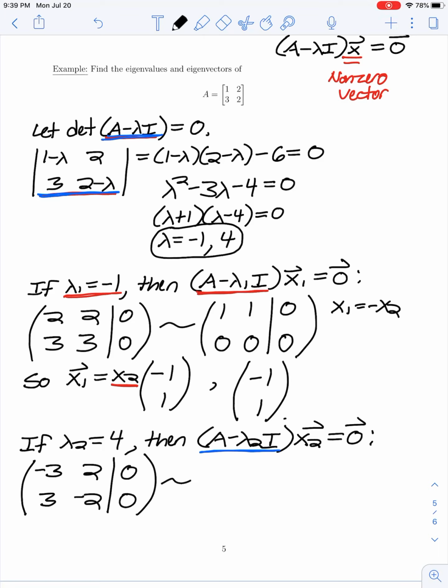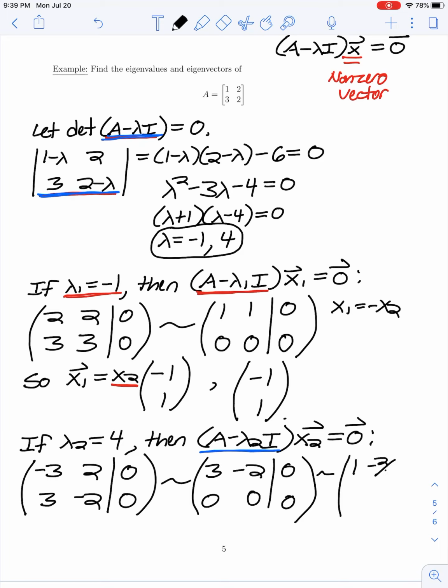Performing row reduction, this is row equivalent to the matrix with rows 3, -2, 0 and 0, 0, 0. We multiply the first row by -1 and add it to the second row, and then putting this in reduced row echelon form, we divide the first row by 3.